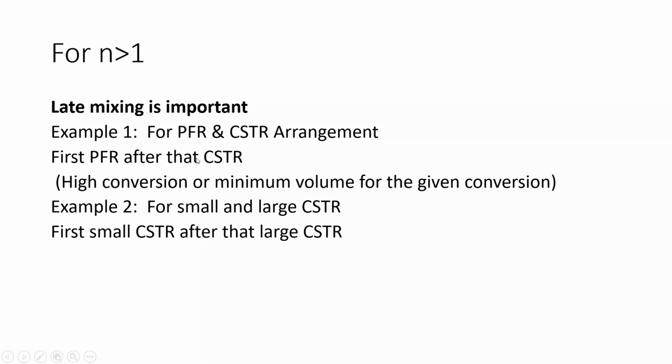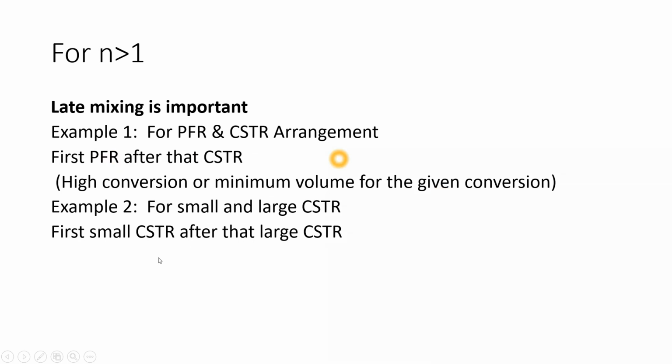Late mixing means the CSTR will come last. In this case we will get high conversion for the given volume of CSTR and PFR, and we will get minimum volume for a given conversion. If they ask us to achieve any conversion, then we will get a minimum volume by this arrangement.